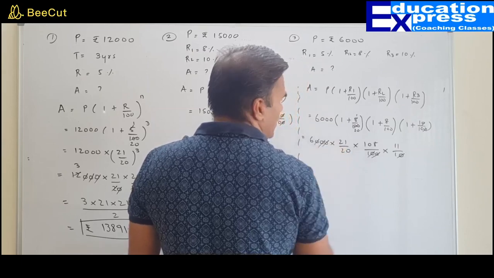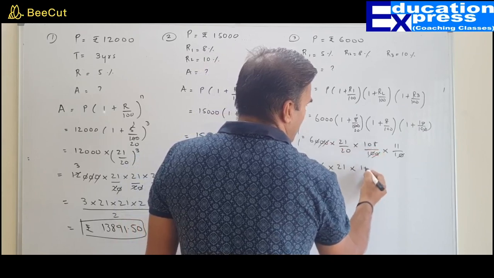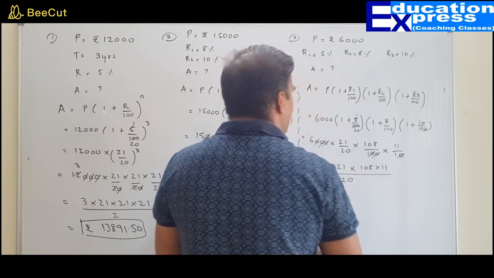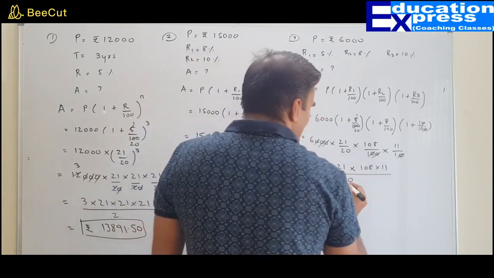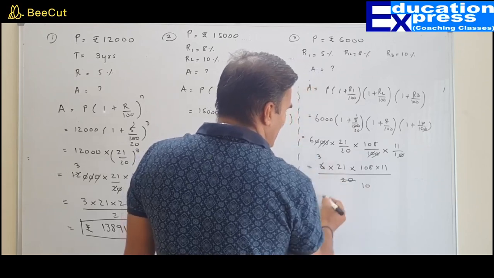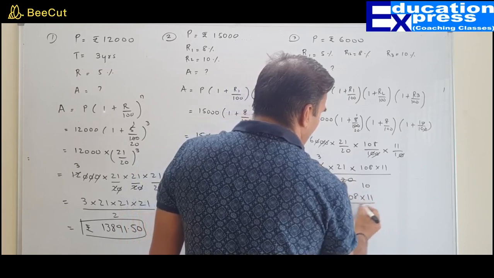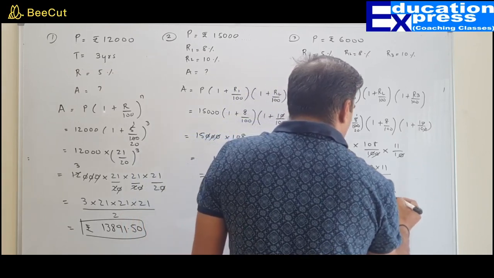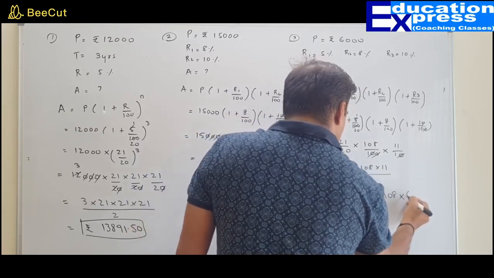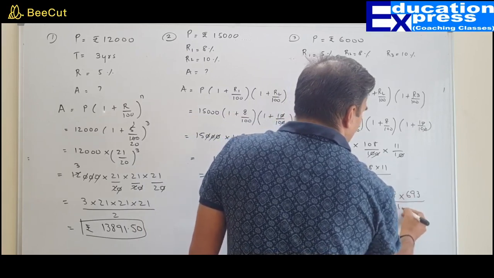So 1, 2, 3. So we are left with 6 multiplied by 21 multiplied by 108 multiplied by 11 upon 20. What I am going to do is reduce this to 10 and make this 3. So what you can do is 63 multiplied by 108 multiplied by 11 upon 10. That will give you 108 multiplied by 63 multiplied by 11, which gives 693 upon 10.